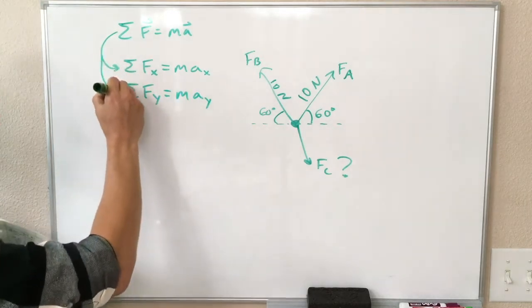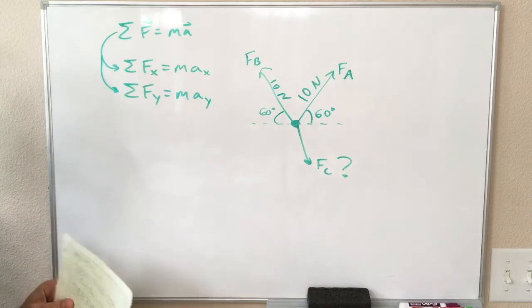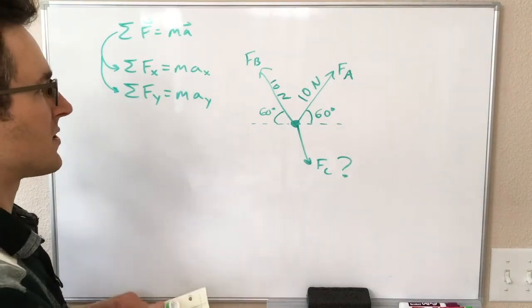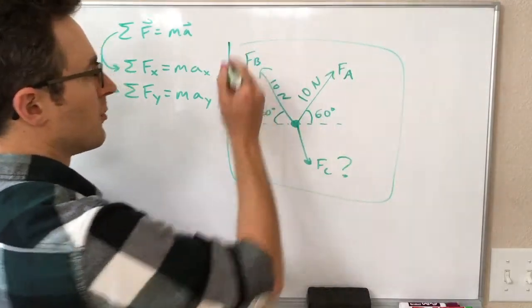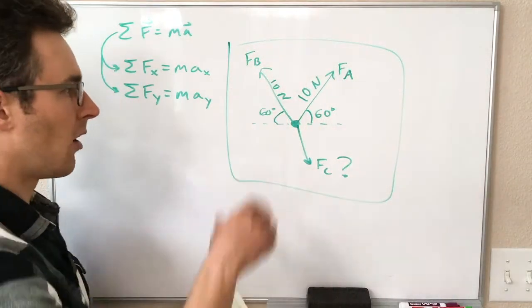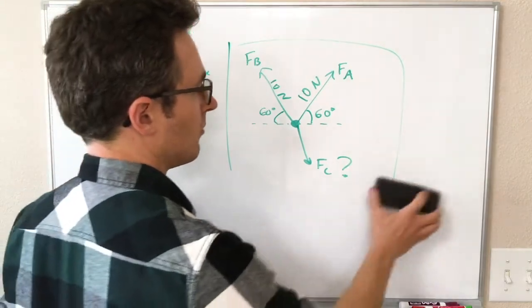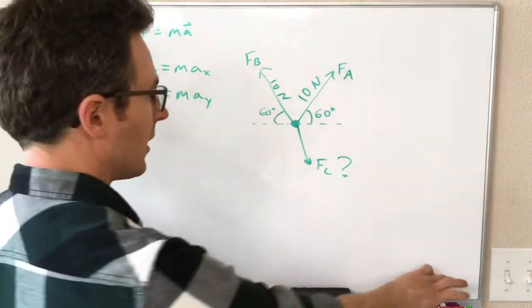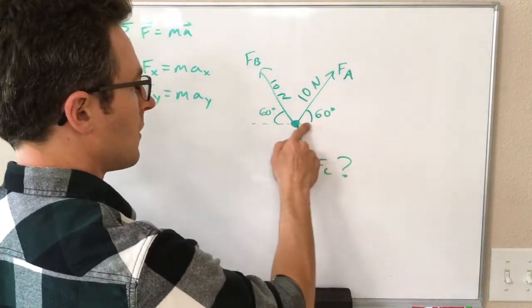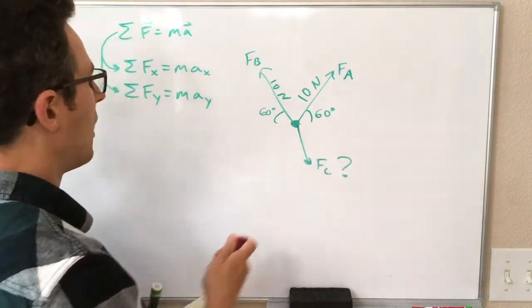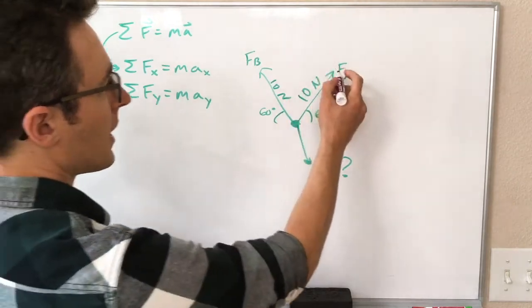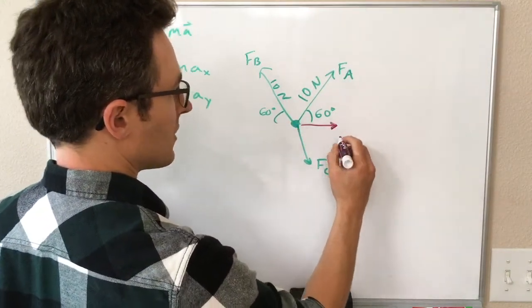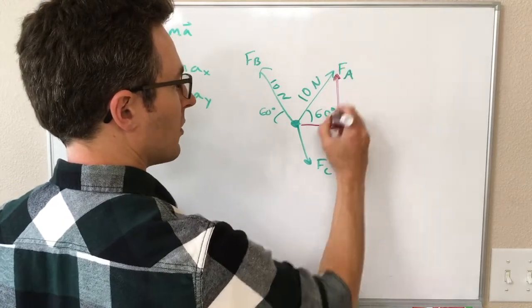So let's look at our x components. I'm going to mark up our free body diagram. So this is the complete free body diagram, and now I'm going to draw stuff on it to explain what's going on, but those aren't necessarily part of the final free body diagram. So my x components, well, force A is, to the right, it has an x component that looks like this, and a y component that looks like this.